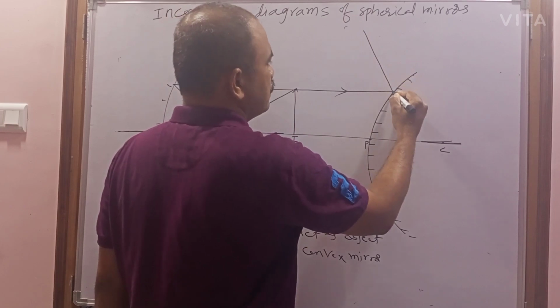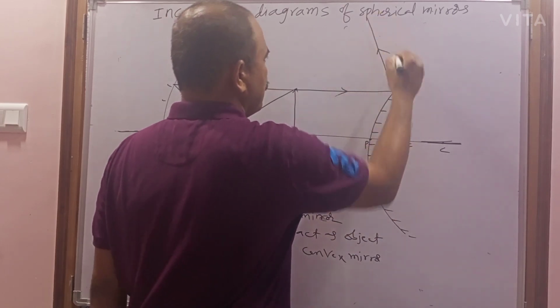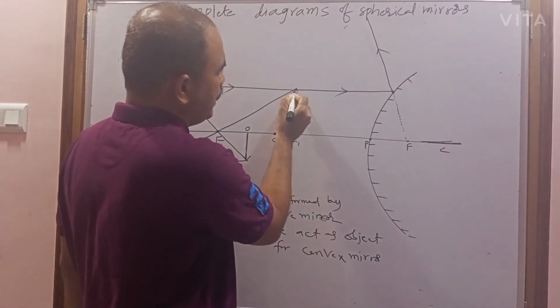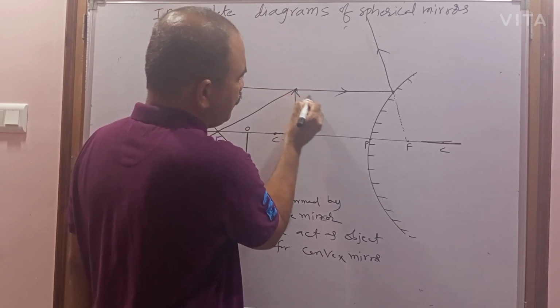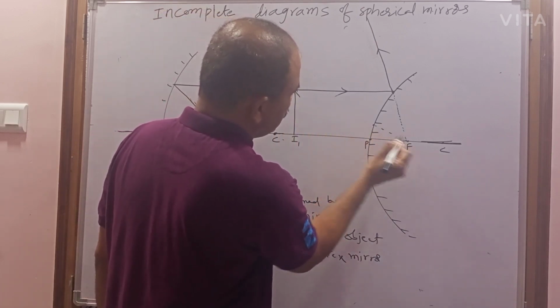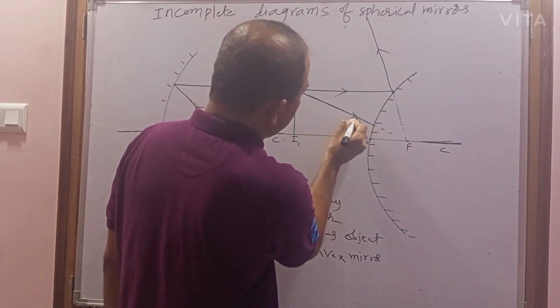This is the reflected ray corresponding to this incident ray. Next, I take another incident ray traveling in the direction of the focus.